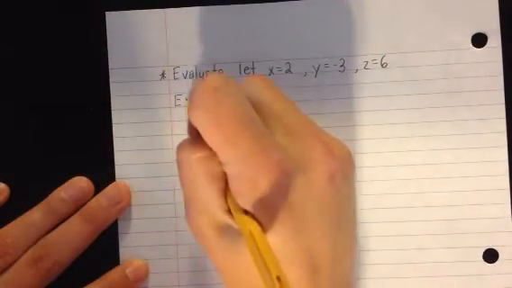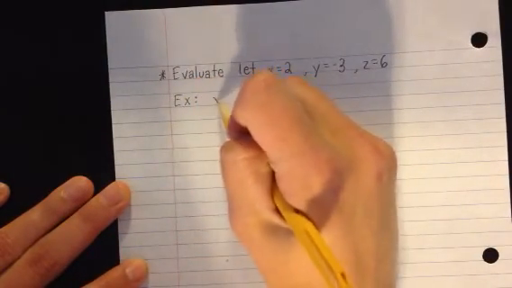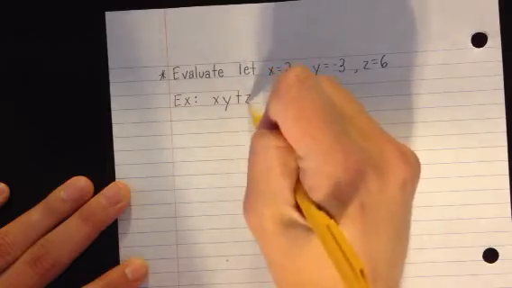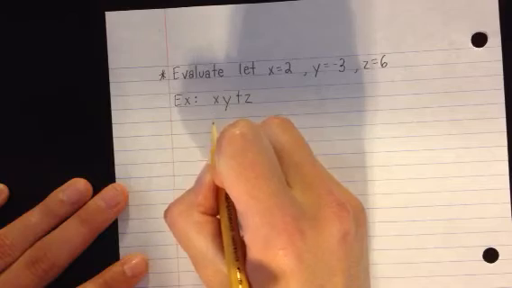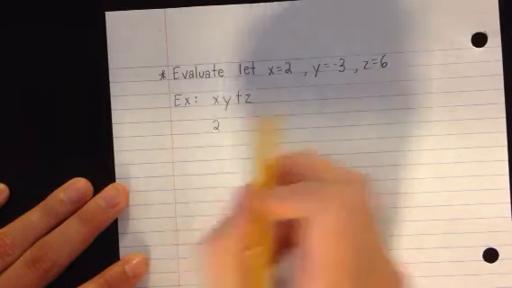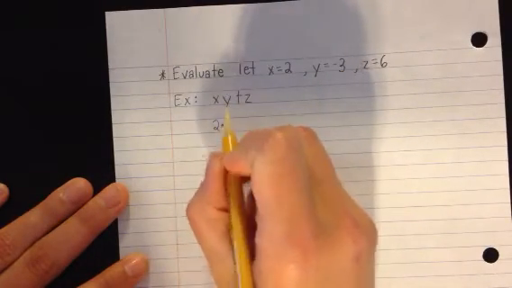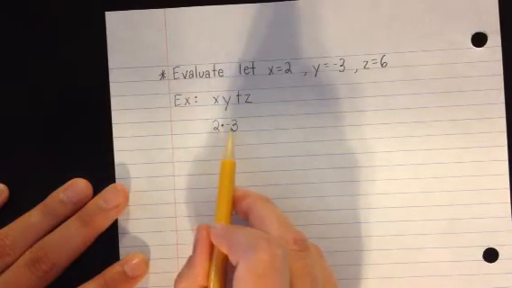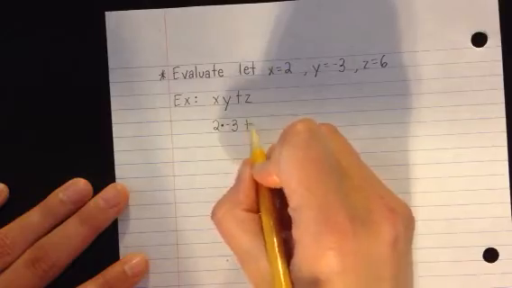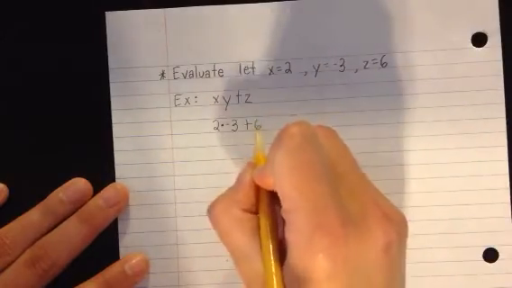Okay, first example. How about x, y plus z? So just substitute in. X is 2. y is negative 3, and remember when they're right next to each other, that means multiplication. So 2 times negative 3 plus z, and z is 6.